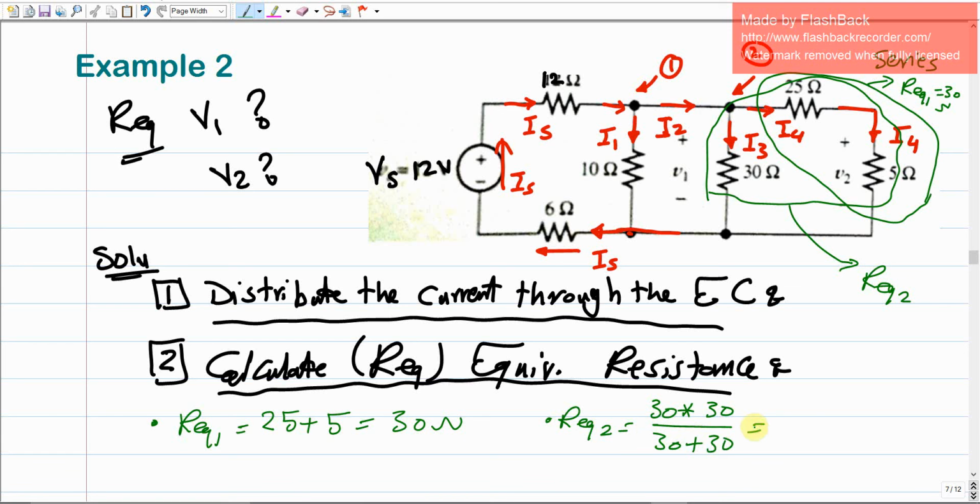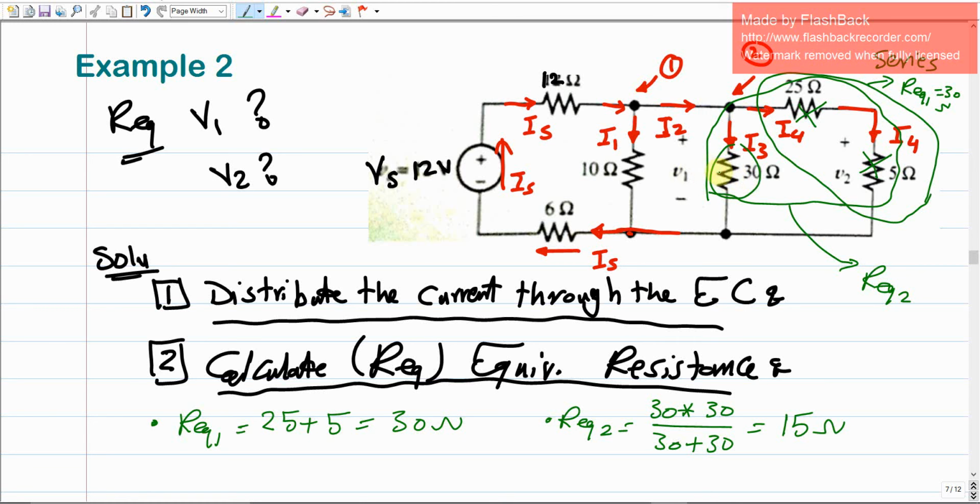If we did the calculations, R equivalent 2 will be 15 ohms. Make sense? So now we combined all of these three resistances into just one. So what does it mean? It means that we can get rid of two, we can use only one. But this one equivalent resistance should be 15 ohms, not 30.